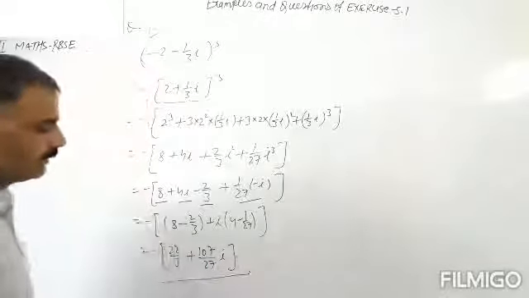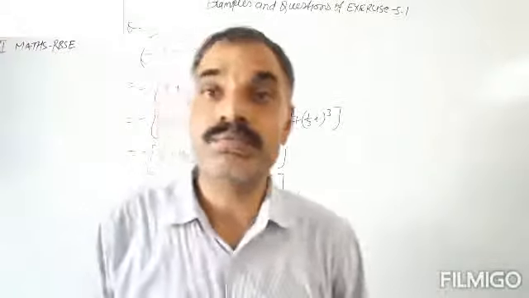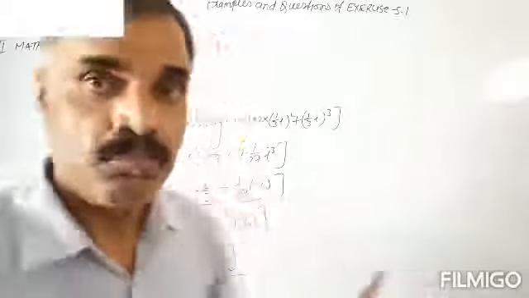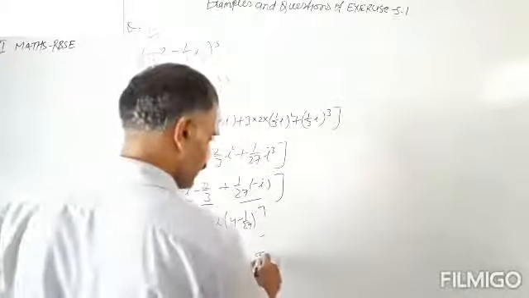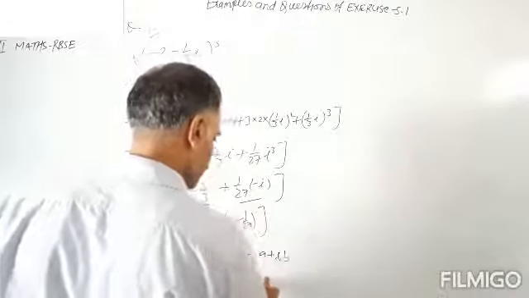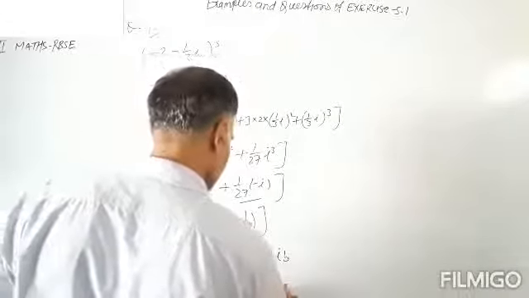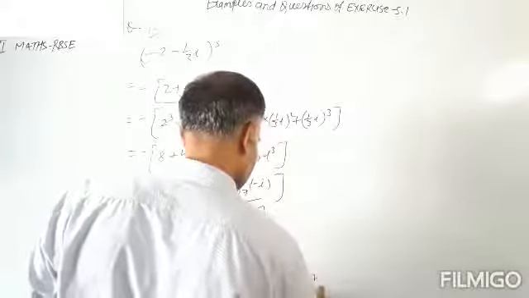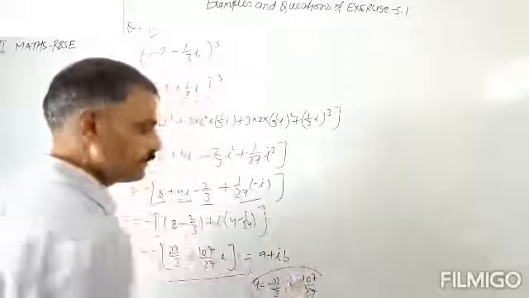So this is the standard form of the given complex number, that is a plus iota b. If we compare this with a plus iota b, then a is equal to minus 22 by 3 and b is equal to 107 by 27. Okay, this is also negative.